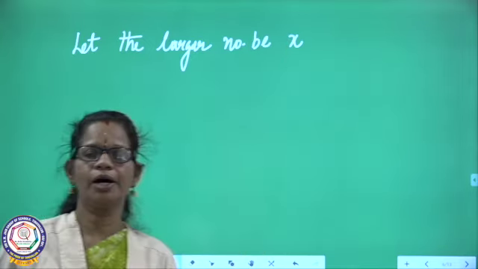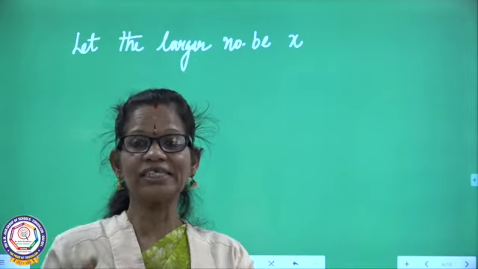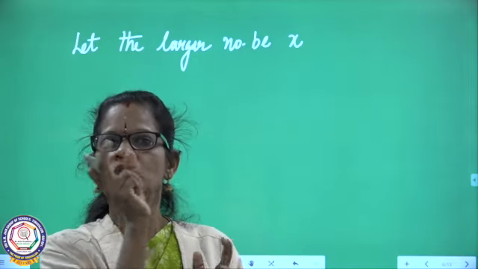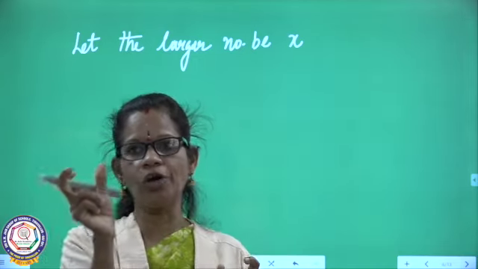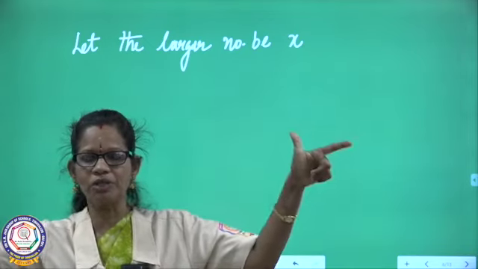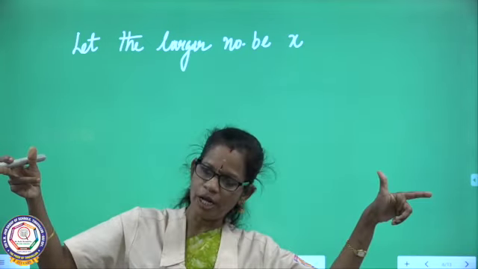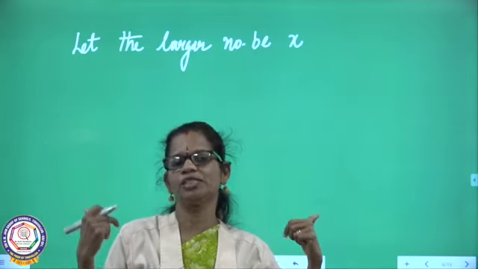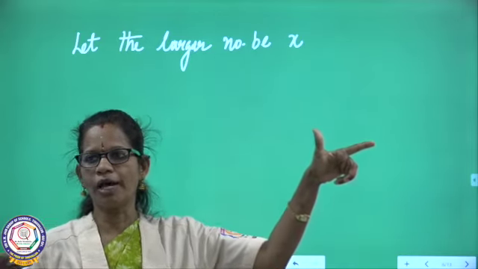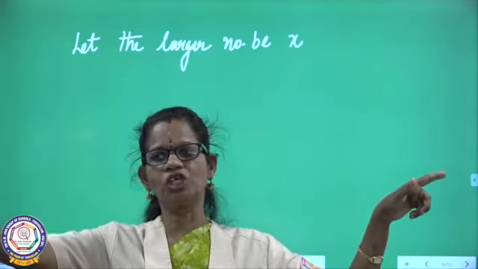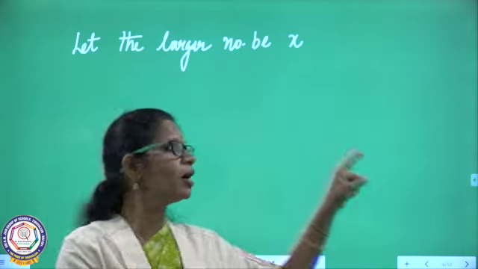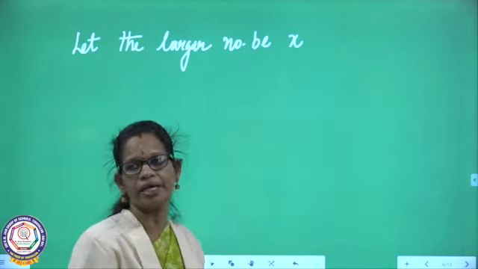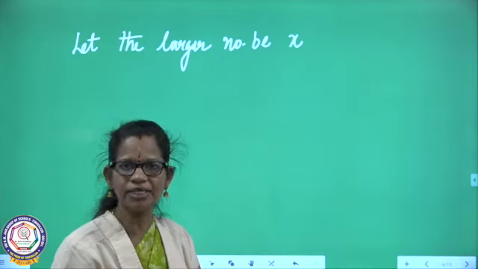Whenever the second term arises, that is, the square of the smaller number is equal to 8 times the larger number, you recall the statement, right? So, the larger number I consider as x.